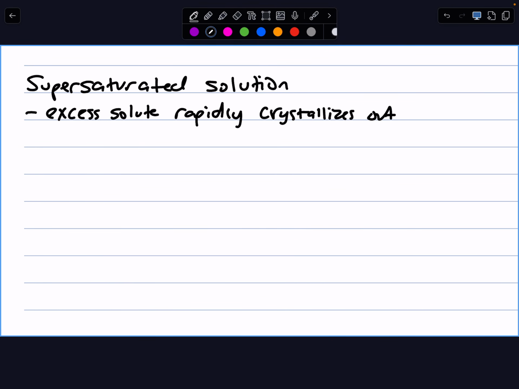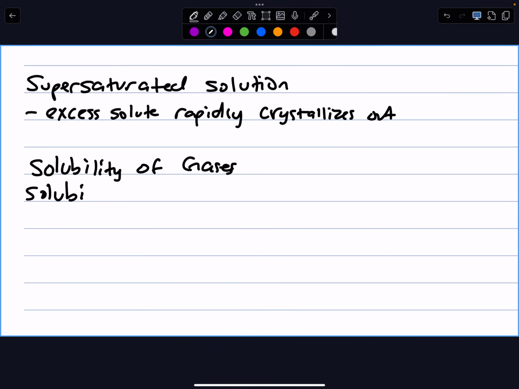Okay. You guys know seed crystal, what it means, right? Speeds up crystallization. Next. Solubility of gases versus solubility of solids at high temperature.